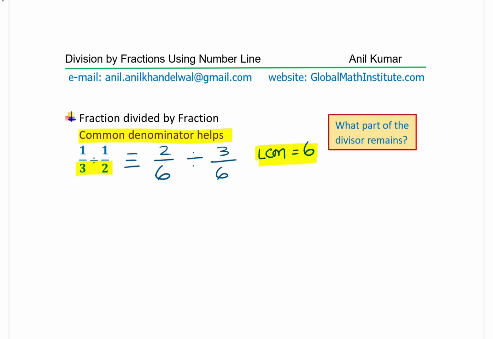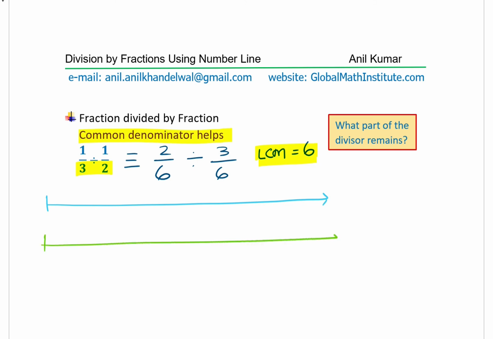Now, let us see with a number line concept how to perform this particular division. So both the numbers are less than 1. Let us take 0 and 1. Okay, let's take a bigger one. So we are saying 2 by 6 is the dividend, and we are dividing by 3 by 6 or half.